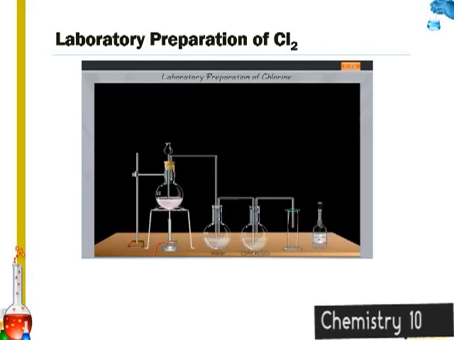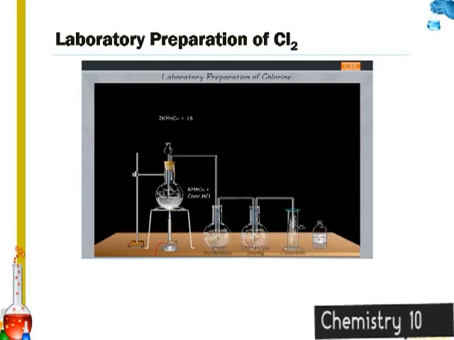Add a few drops of concentrated hydrochloric acid to the potassium permanganate solution through the thistle funnel. Observe the reactions that take place.